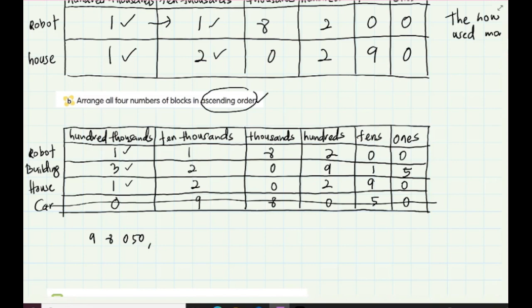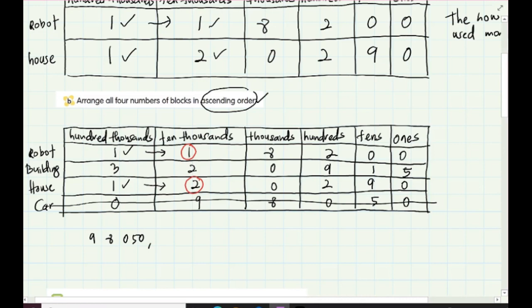Now 3 left. Okay, 3 left, robot, building and house. What are we going to do is compare the value. Alright, 100,000. I choose robot and house only. Why? Because both of them, robot and house, have the same value, 100,000, 100,000. We go to the 10,000. Okay, look at 10,000. 10,000 and 20,000 compared to house.